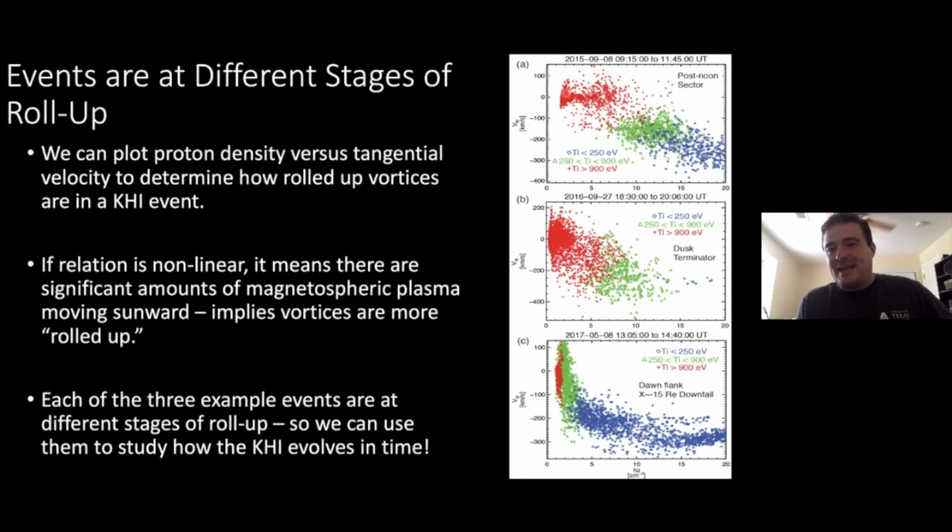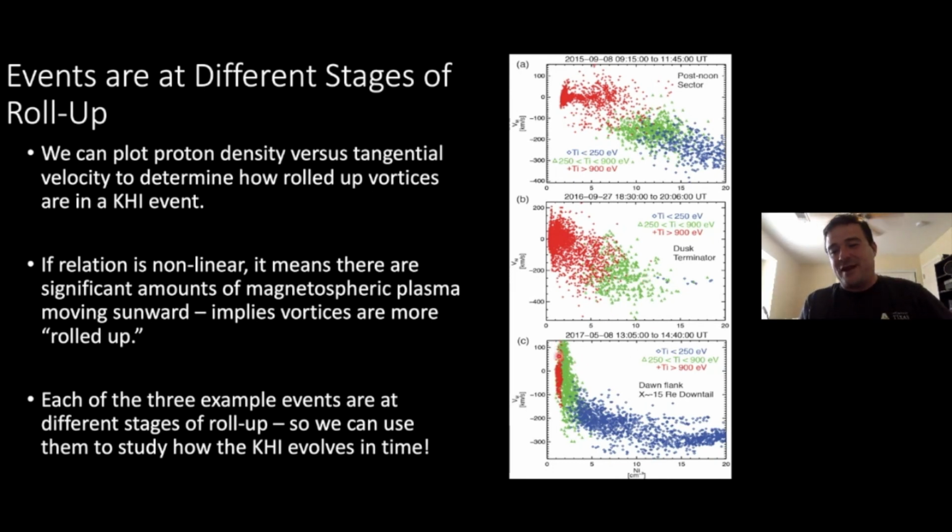The low density stuff is pretty much stationary, and then you're basically moving sunward as you get to higher density, and that's just the sheath flow moving down the flanks. But as you start to get nonlinear and your waves roll up, you actually start to get your lower density magnetosphere plasma flowing anti-sunward as the waves start breaking and crashing.